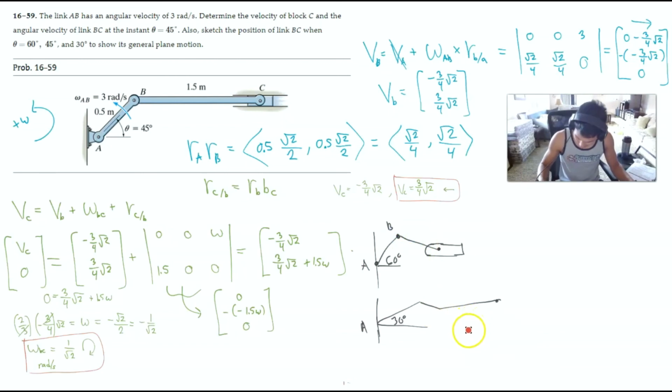Okay, 30 degrees. It's going to be like this. Okay, like it's being pulled down, right?